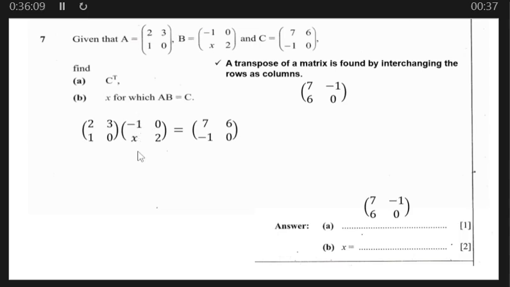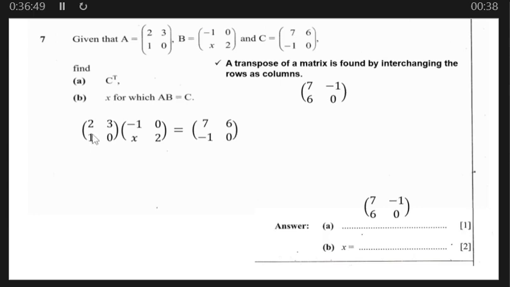Once you are done with this one, you leave it, then you go again: the first number in the first row with the first number in the second column, and then the second number in the first row multiplied with the second number in the second column. Sorry, I am making some errors in my explanation, but I hope you are getting the point.